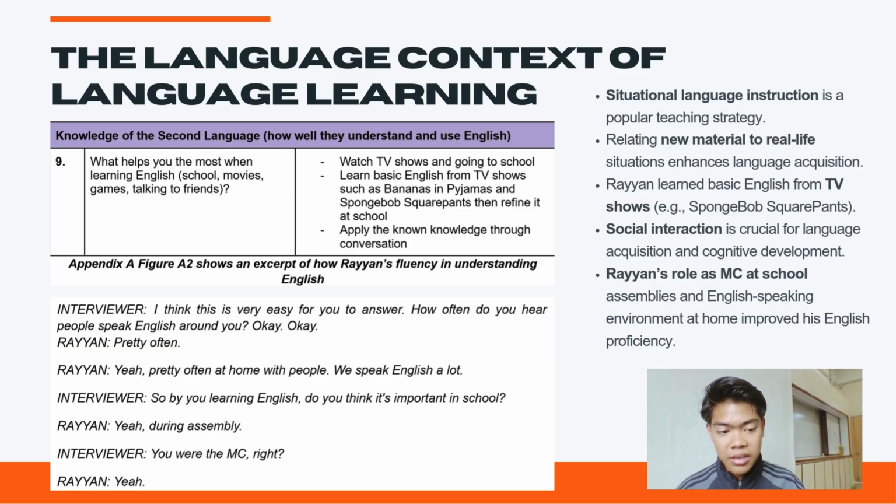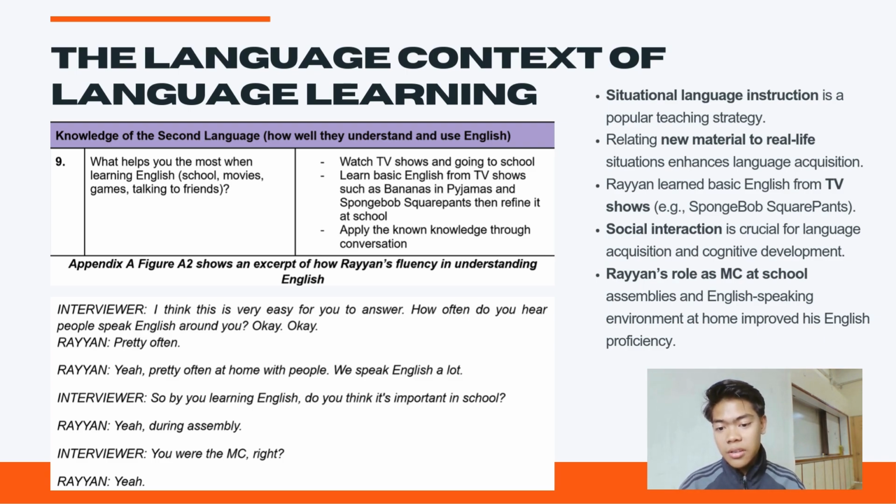The question that I interviewed him with was, what helped you learn English? Like, does school teach you English, or does a movie provoke you, or do games encourage you to learn more English, or talking to friends? And he stated that it was by watching TV shows and cartoons, and he refines it at school.